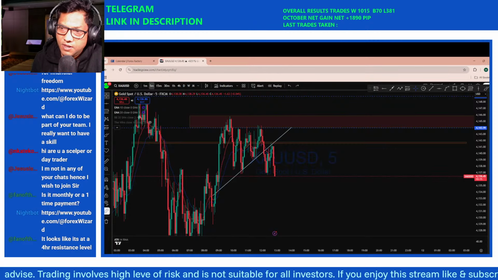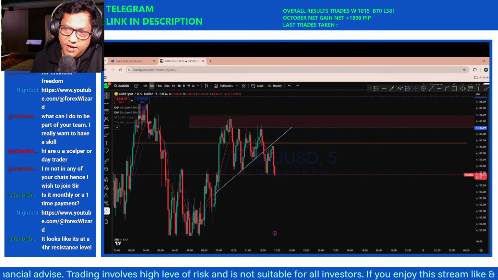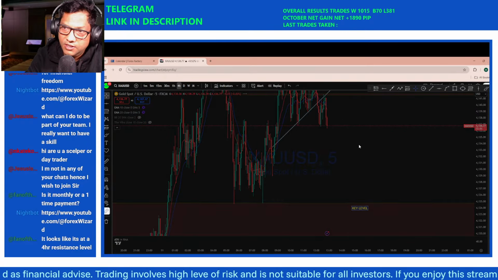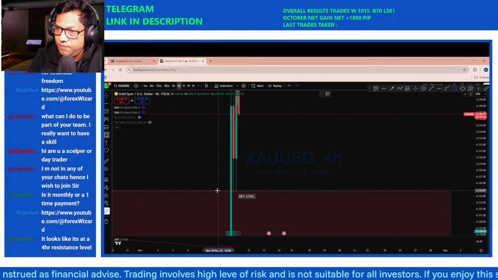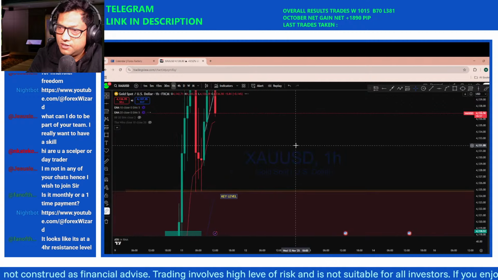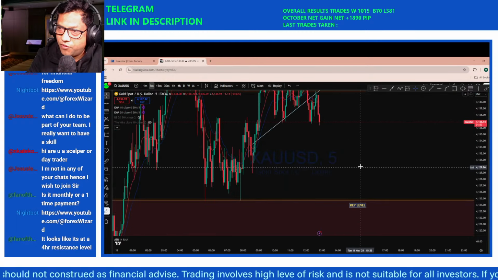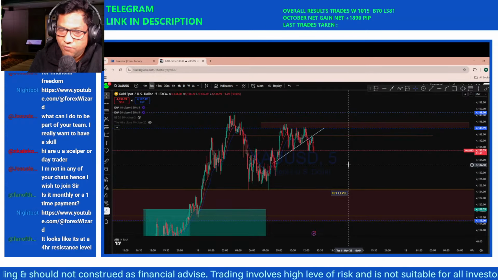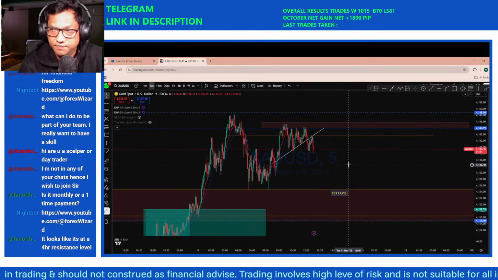So it's coming down to that void area, and from there either we'll see a complete breakdown here in the 4-hour support to this level here, or we could see it return back above from that level. Depending on how the market structure is evolving, we'll be looking at entry in that area.